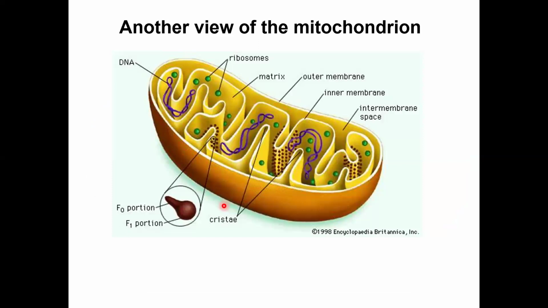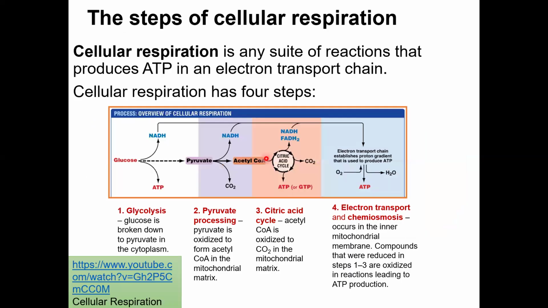This is another view of the mitochondria, where the mitochondria has its own DNA. It has its own little ribosomes and all of the different spaces that we talked about earlier. Cellular respiration is a set of reactions that produces ATP, including the electron transport chain.